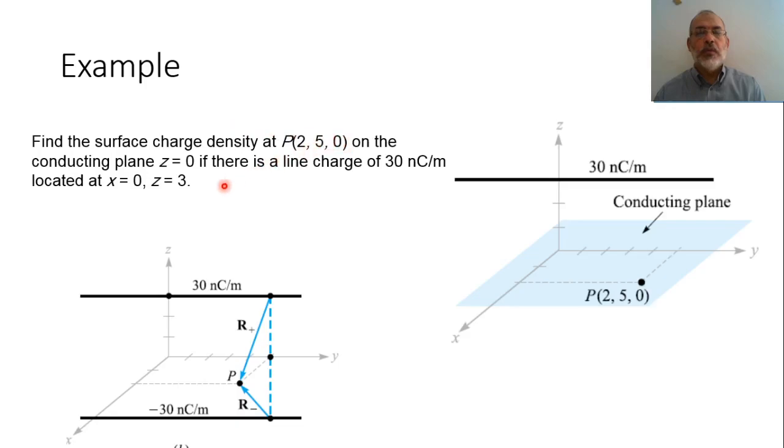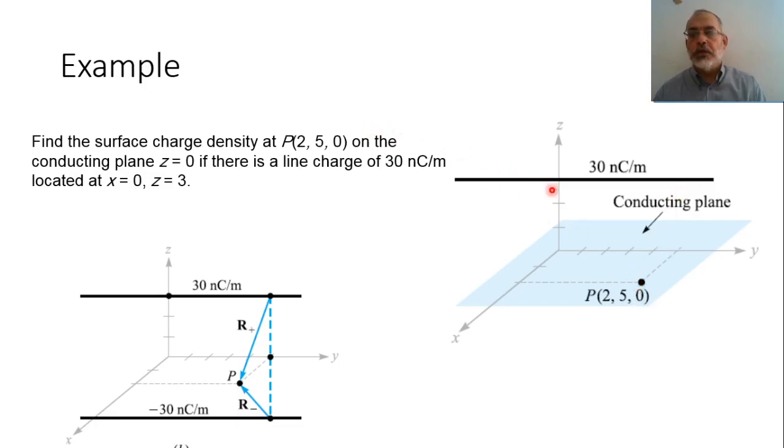Sorry, 5 minus 0, because 5 is in the y direction, we are not interested in 5. We are interested in the z. So we are talking about the distance, the normal distance from the line charge to the observation point.